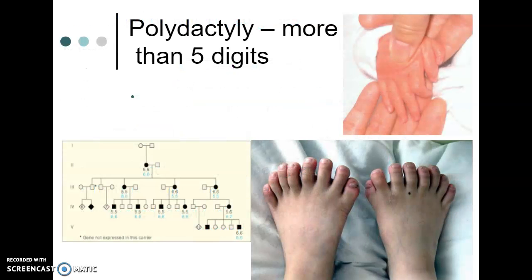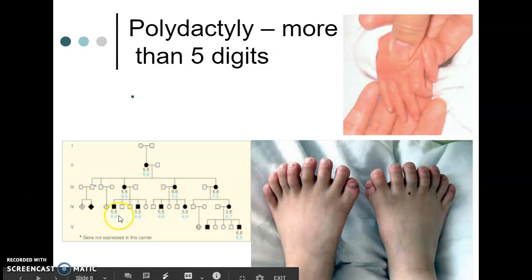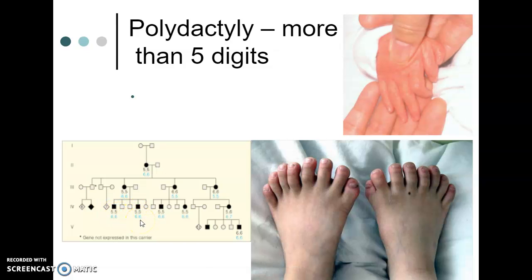An example of an autosomal dominant trait would be polydactyly. Notice how it's in every single generation, and half of siblings can actually get it too.